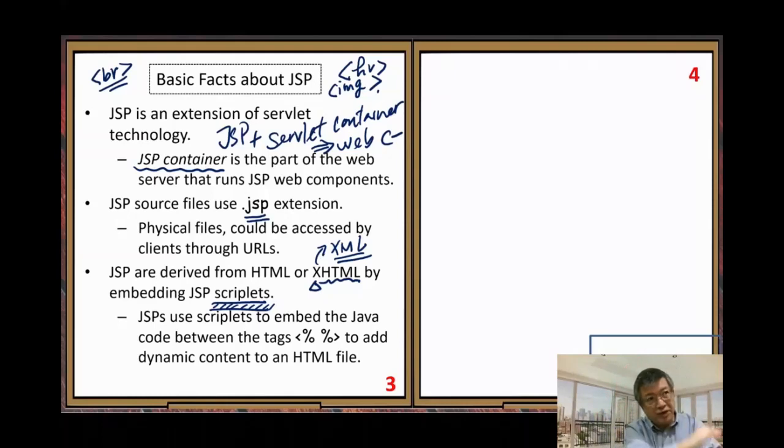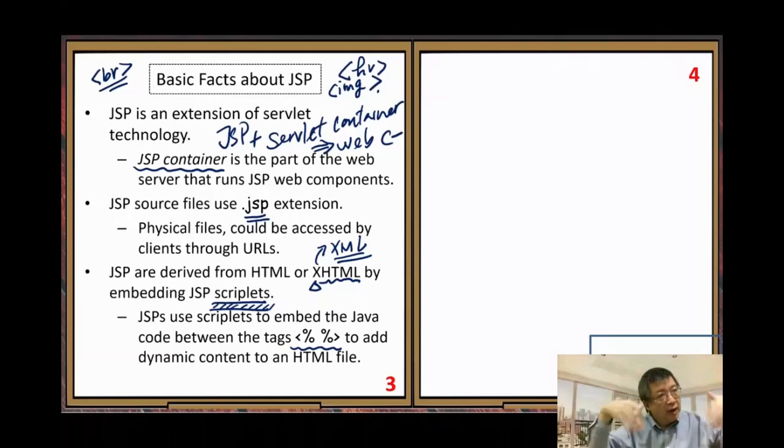Here, we use special tags: a pair of arrow brackets, but very special, combined with the percent sign, less than percent, percent greater than.